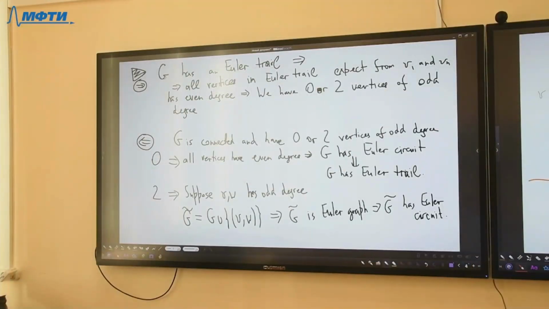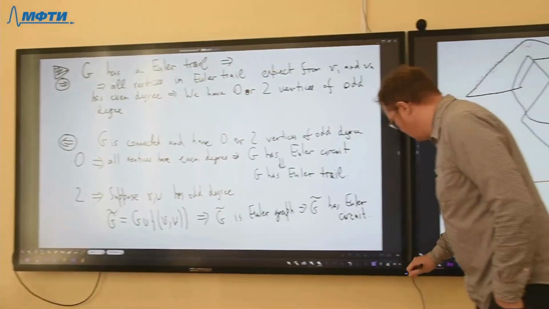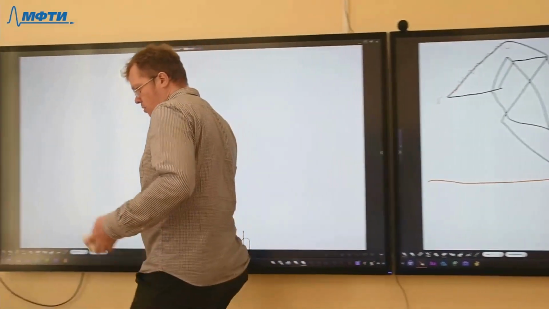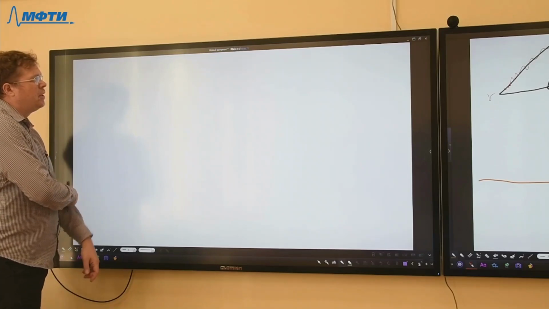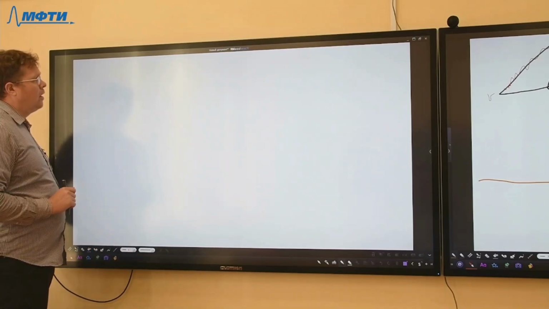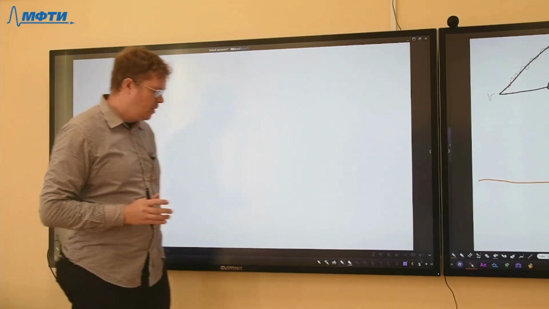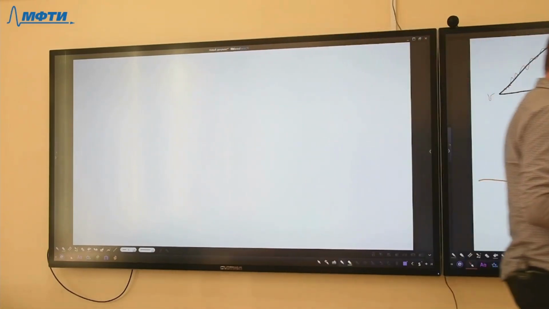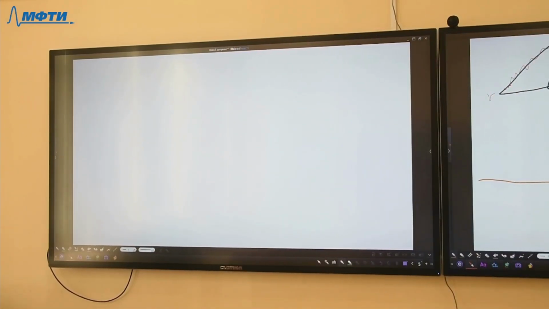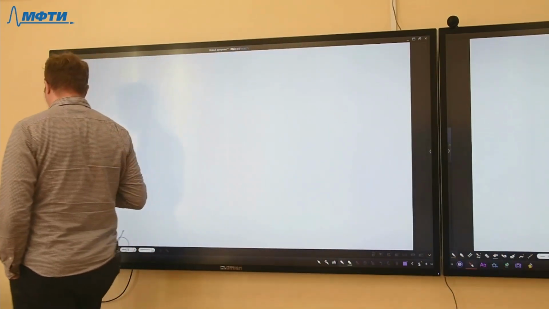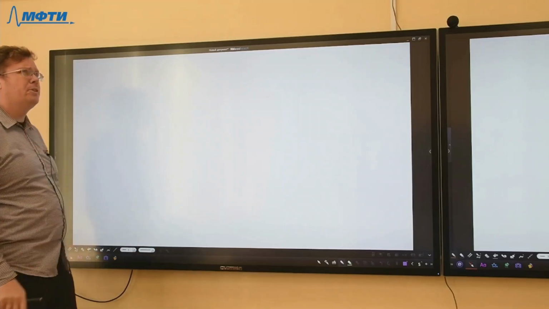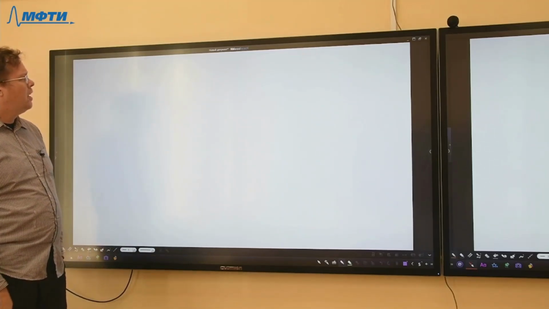So I want to discuss one of the applications of Euler circuits. How can we use them? The application is actually used in bioinformatics, I don't know how to pronounce it, and it's called De Bruijn sequences.